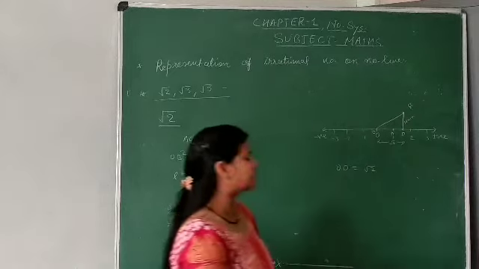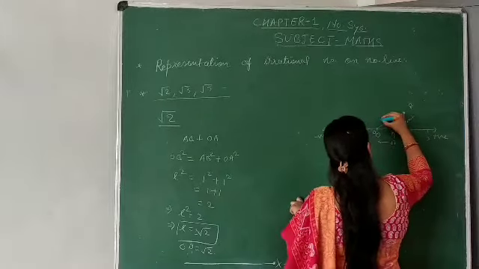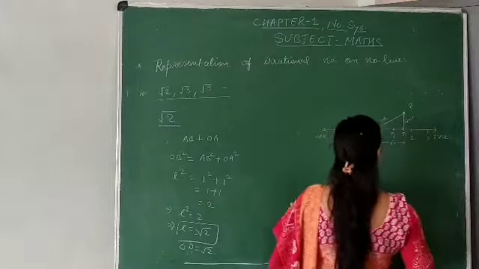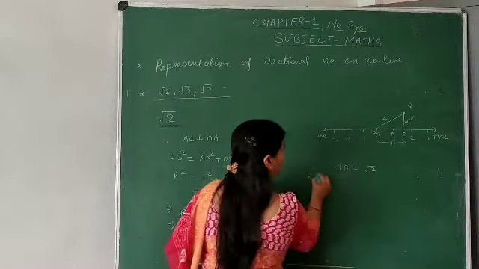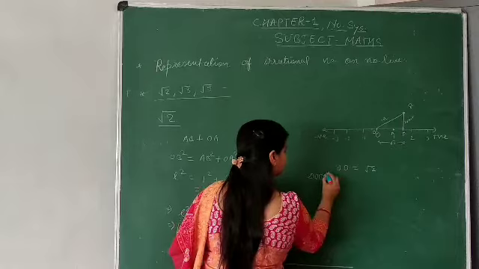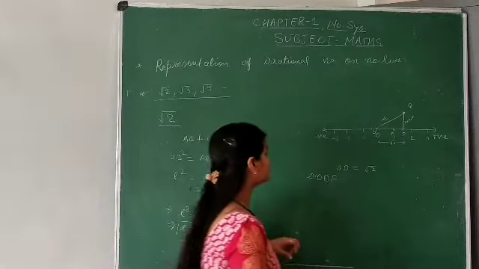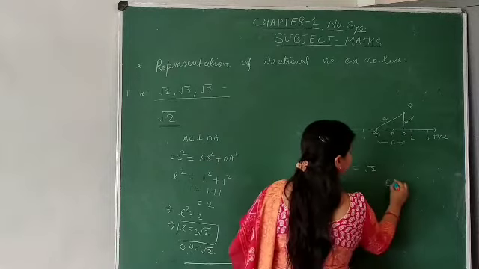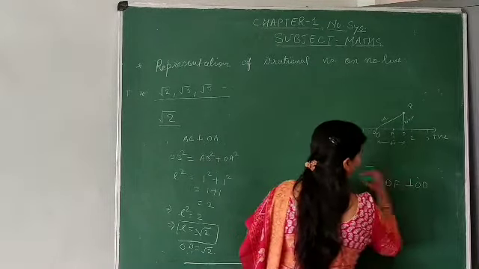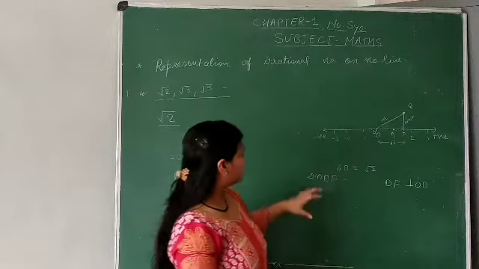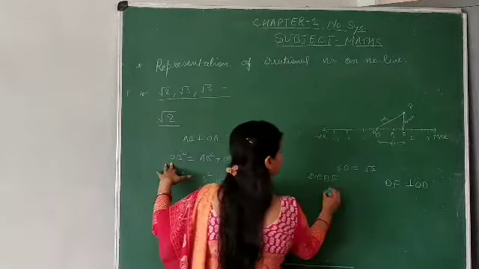Then what is the distance of OF? Suppose we take OF as small m. Distance of OF is m. So triangle ODF is a right angle triangle because DF is perpendicular to OD. So we can again apply the Pythagoras theorem. Here hypotenuse is OF.